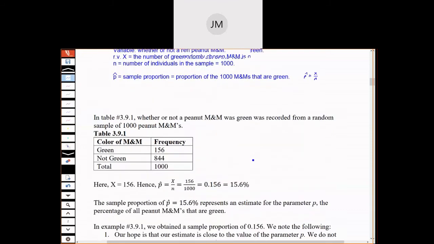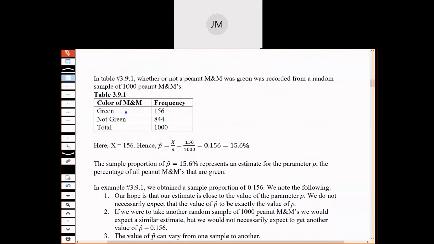Okay, let's look at an example. So let's suppose that I ripped open a bag and I count up 1,000 peanut M&Ms, and I count 156 that are green and the 844 that are not green. Okay, so in this case, the number of green M&Ms is 156.